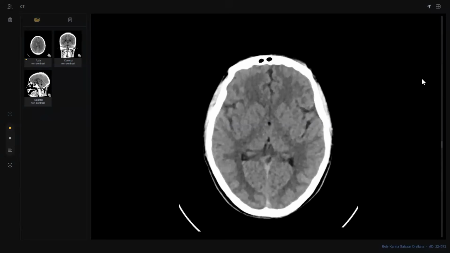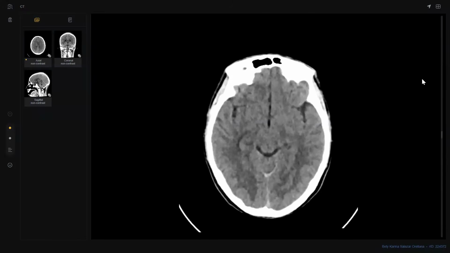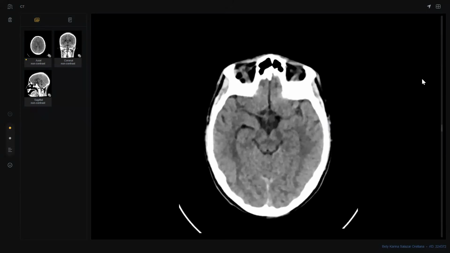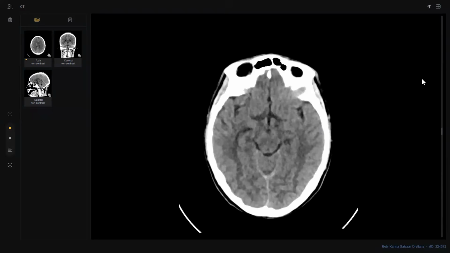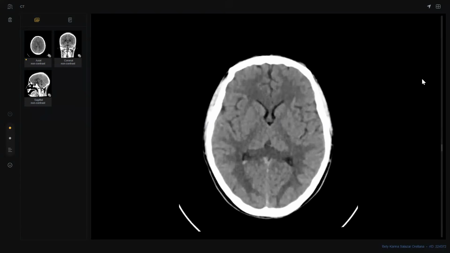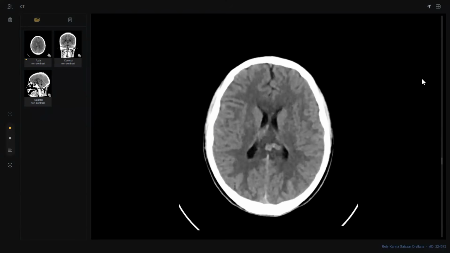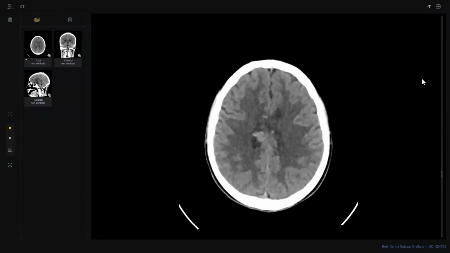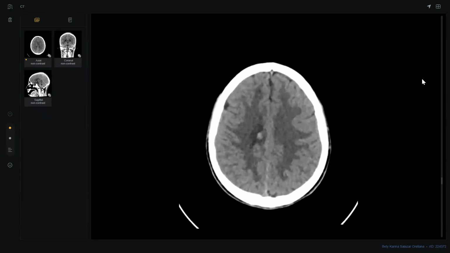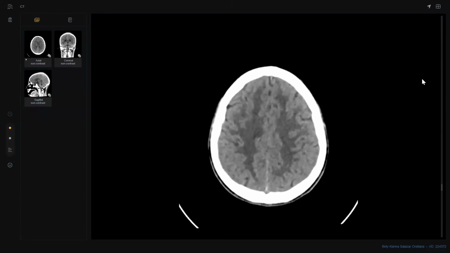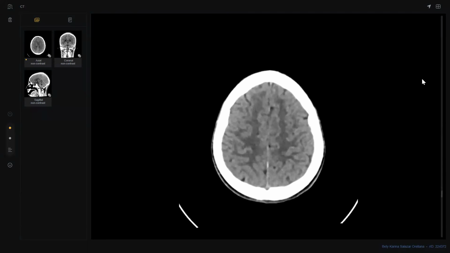No definite hydrocephalus is seen. I'll look for any other areas of hemorrhage or other intraparenchymal hematomas. Some more hyperdensities are seen periventricularly.